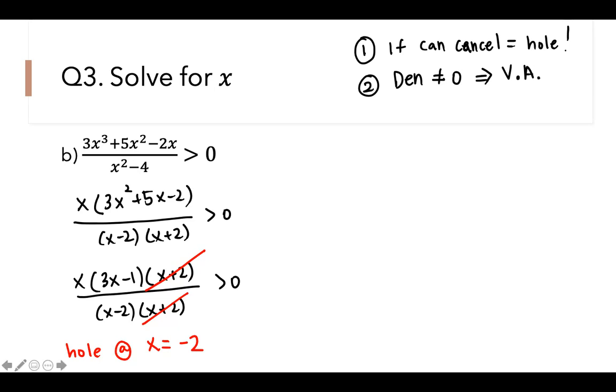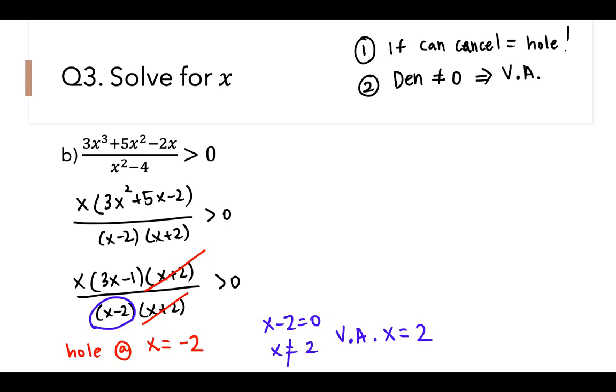And now we have to let the denominator equal 0 and see what it can't be equal to. Okay, so x minus 2 equals 0, x is equal to 2. So therefore, it looks like my vertical asymptote happens at x equal to 2.